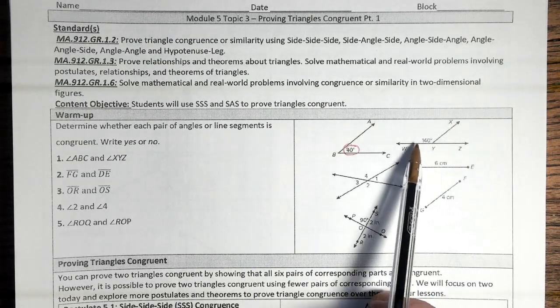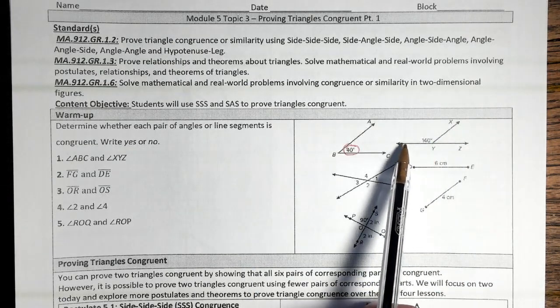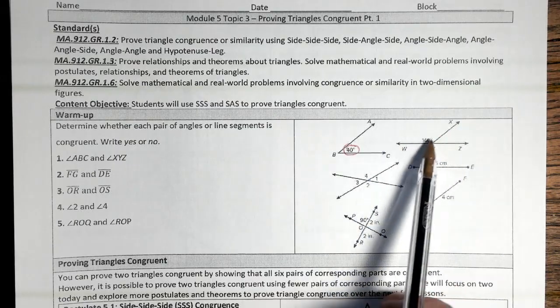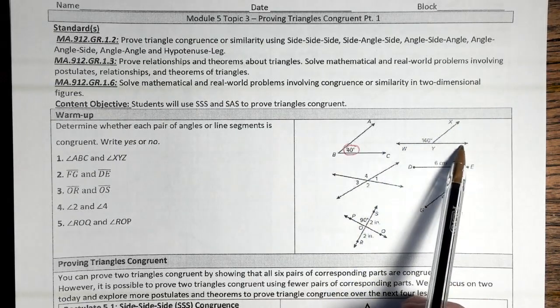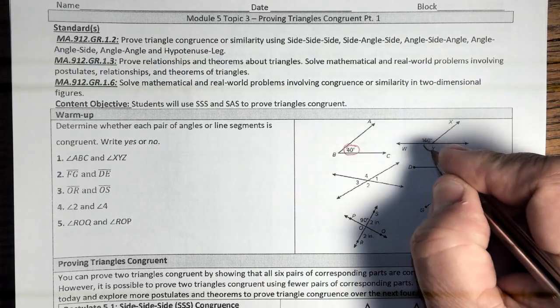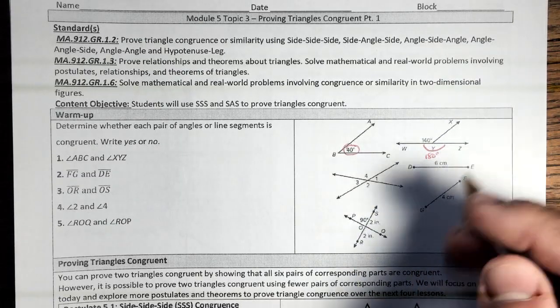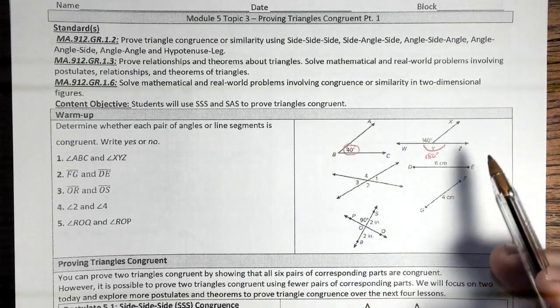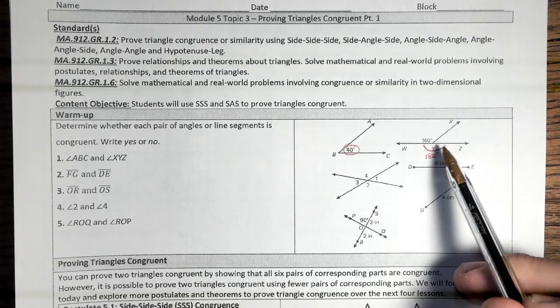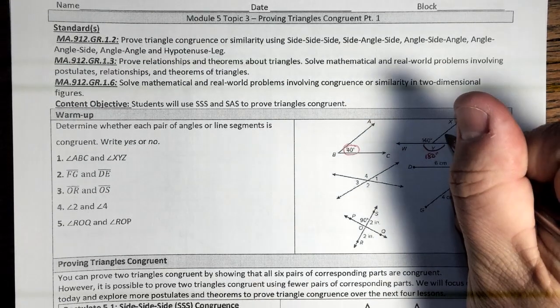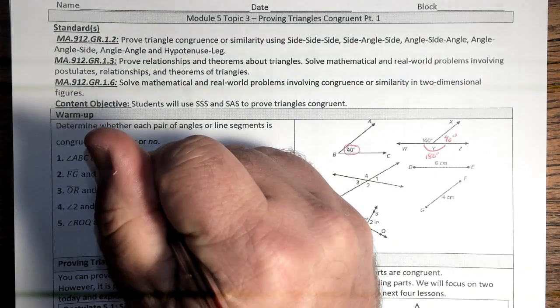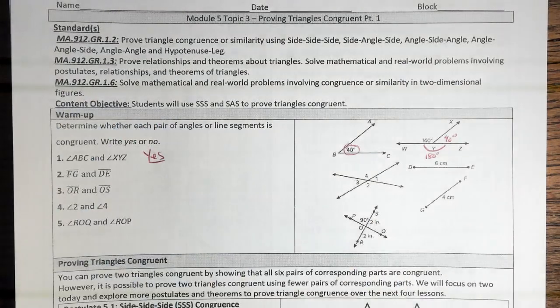XYZ, we don't know. Now notice these two angles come from this one straight line. The straight line is 180 degrees. So XYZ is going to be 180 minus 140, or it's also 40 degrees. So for number 1 here, that is yes.